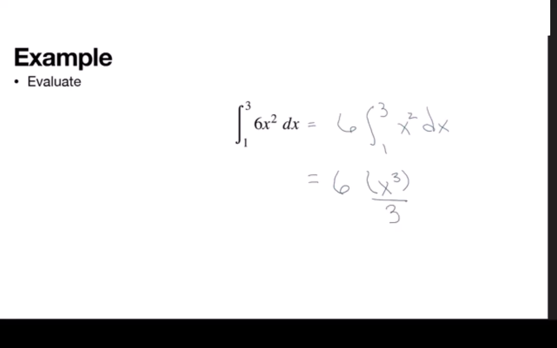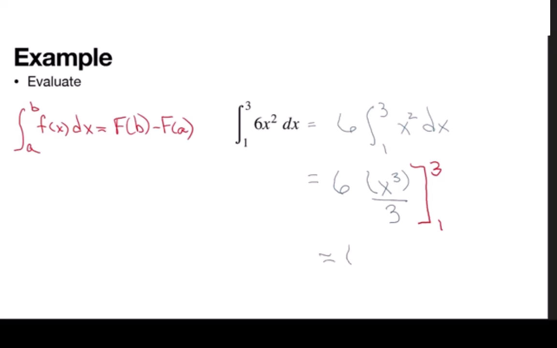And we're just going to add this one piece that says I'm going to evaluate it between 1 and 3. First I integrate or take the antiderivative, and now I'm going to evaluate. This is the fundamental theorem of calculus that says when I go from a to b of f of x dx, that equals F of b minus F of a.